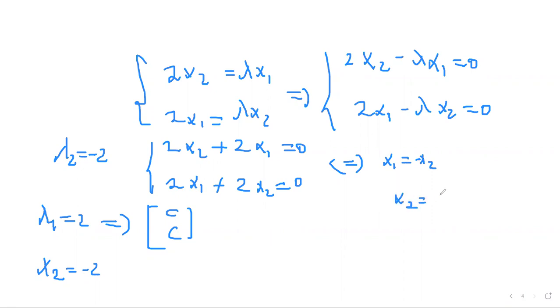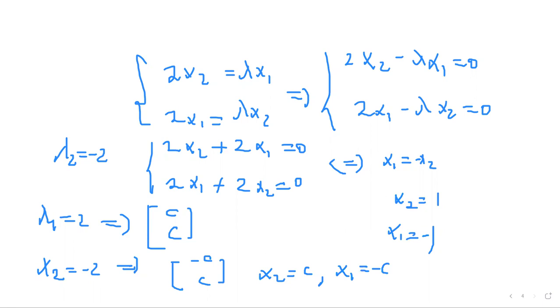If we take x2 equals 1, then x1 is equal to -1. So in this case, we are going to get the vectors in the form minus c, c. So if x2 is c, then x1 is minus c. These are the corresponding, or associated, eigenvectors for lambda equals -2.